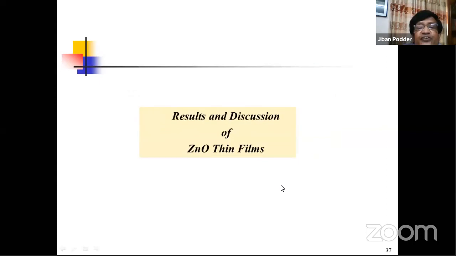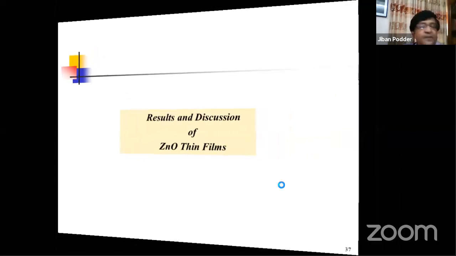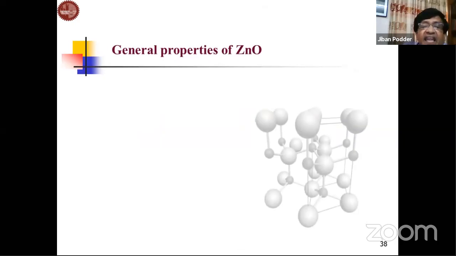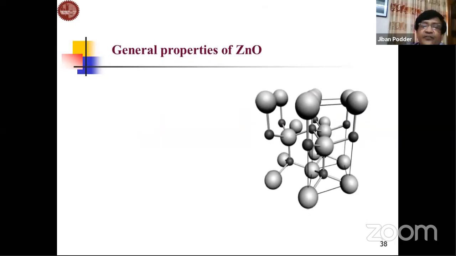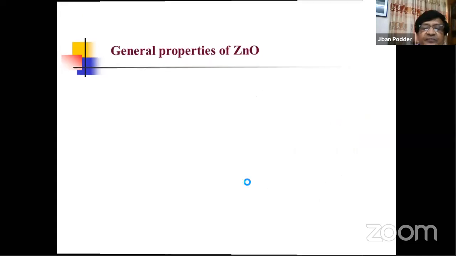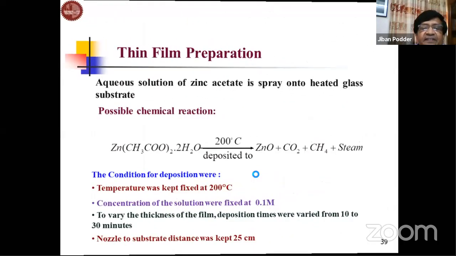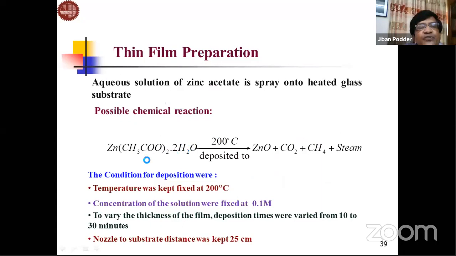First of all, the zinc oxide thin films. Here you see the XRD structures and hexagonal structures. We used zinc acetate solutions to prepare our zinc oxide thin films, prepared in water solutions.